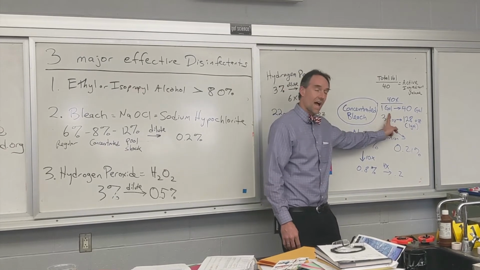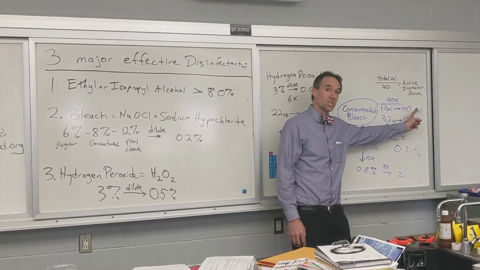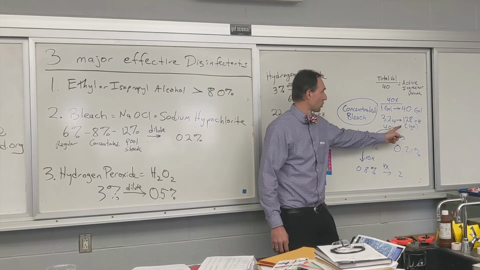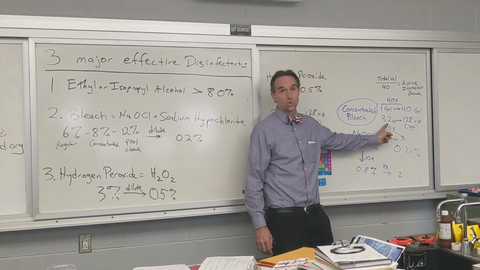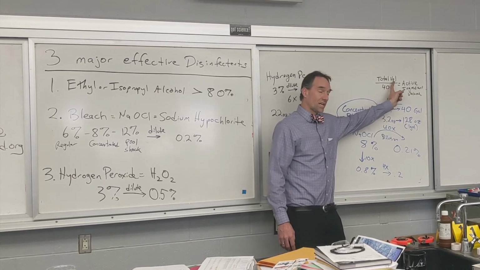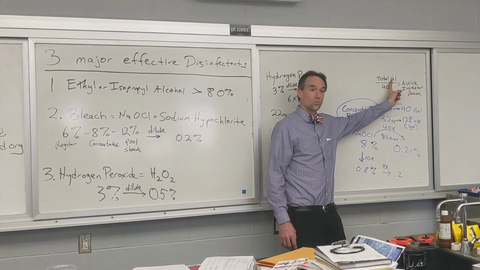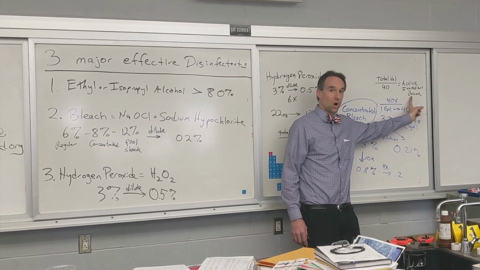So this would mean 1 gallon of bleach would make 40 gallons of dilute bleach cleaning solution, or if you were just making 1 gallon, then you would use 3.2 fluid ounces of bleach. The equation for this is the total volume desired divided by 40 equals the active ingredient volume.